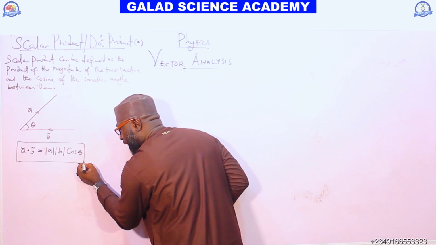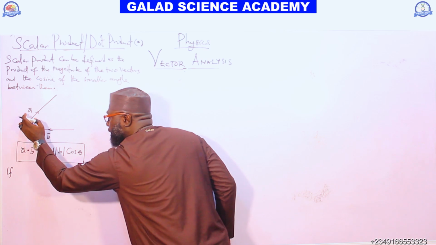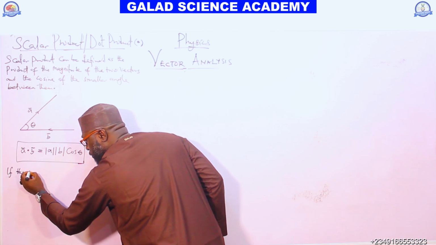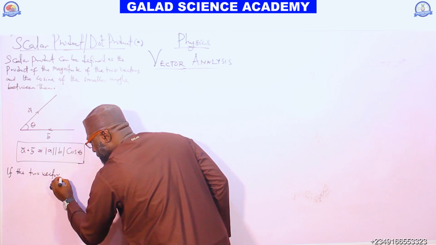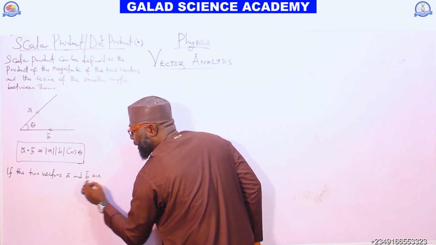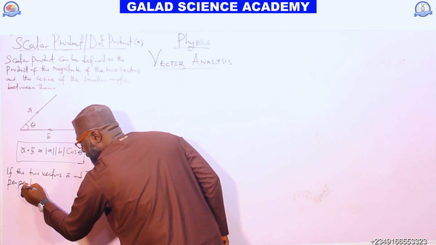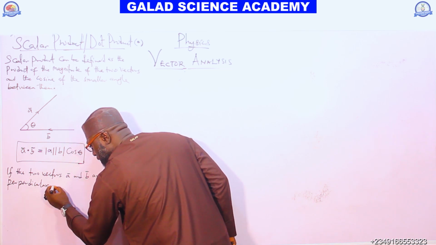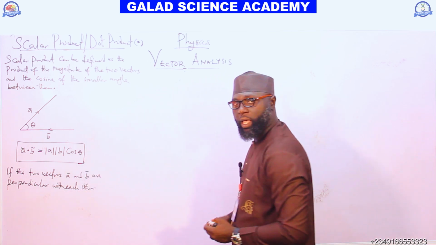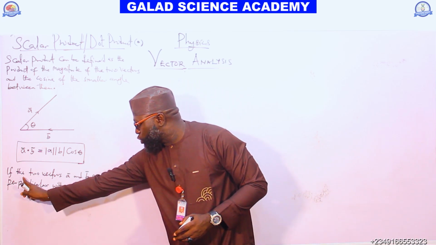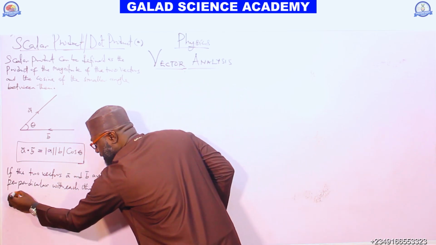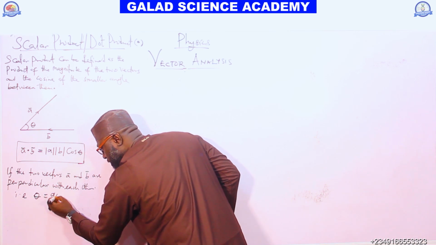But from this formula, if the two vectors A and B are perpendicular with each other, that is theta is 90 degrees.